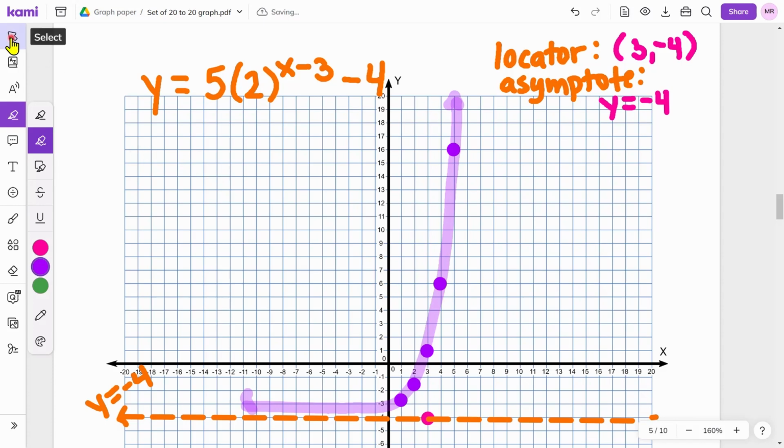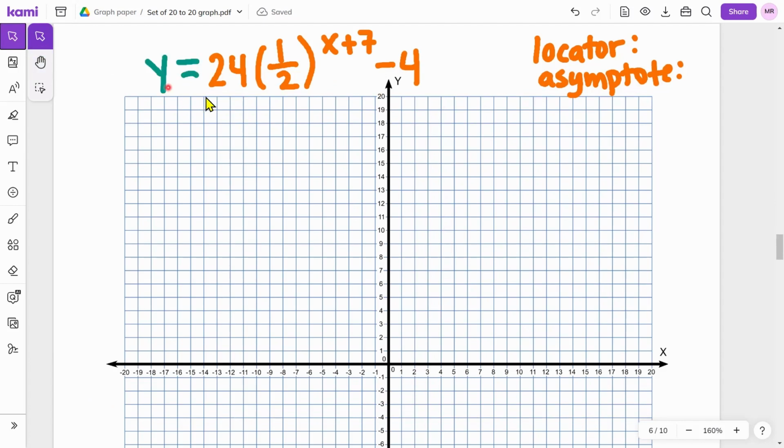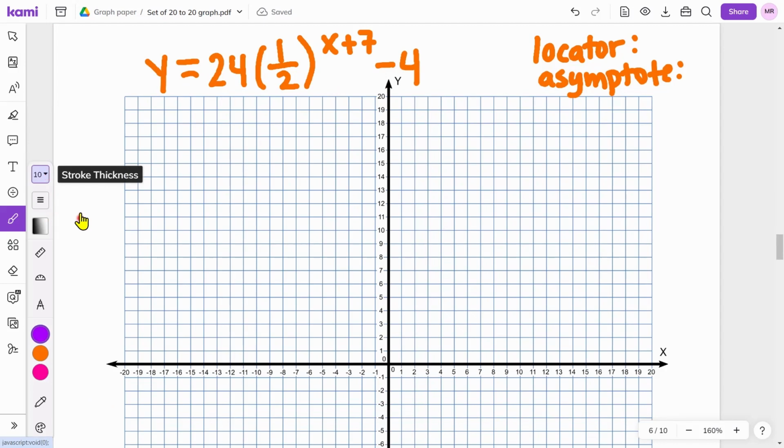And then let's try one decay. So in this case, we have y is equal to 24 times 1/2 to the power x plus 7, minus 4. So my locator point is going to be at -7, -4. Let me make that a little thinner.